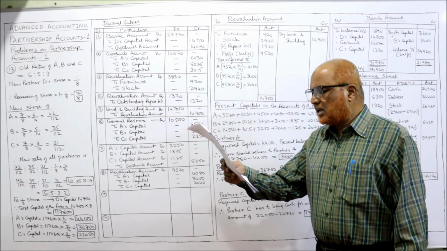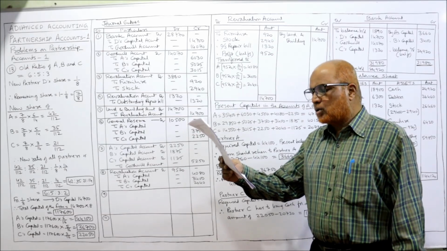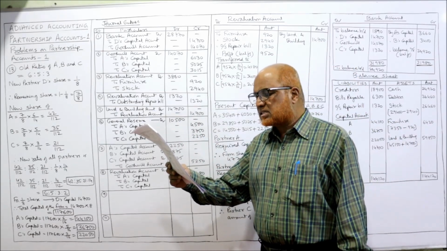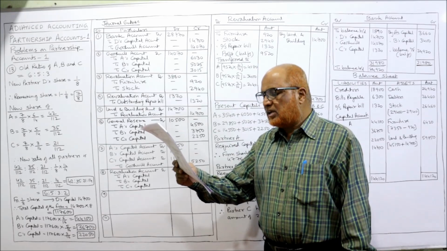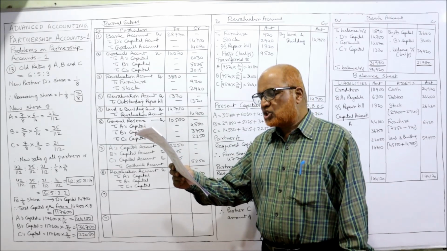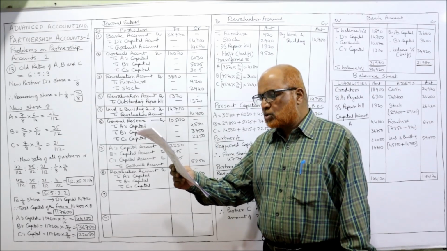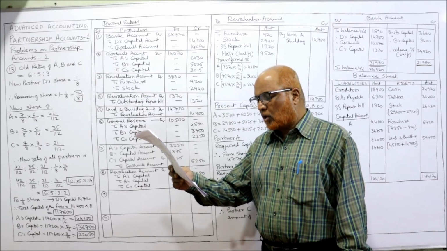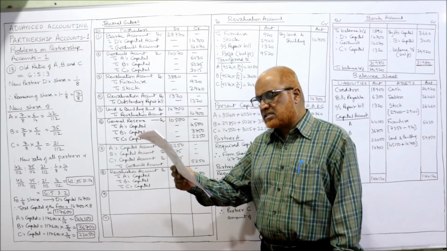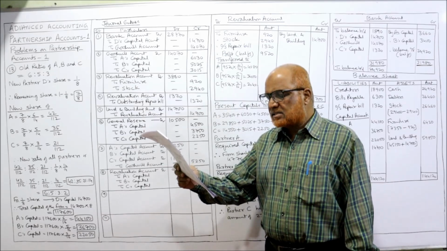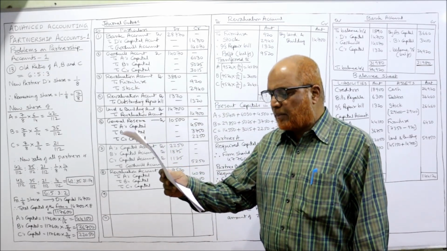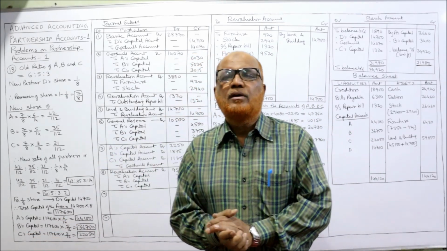After making the above adjustments, the capital accounts of old partners are to be adjusted on the basis of D's capital to his share in the business. That is the actual cash to be paid off or brought in by the old partners as the case may be. Pass the necessary journal entries and prepare the balance sheet of the new firm.